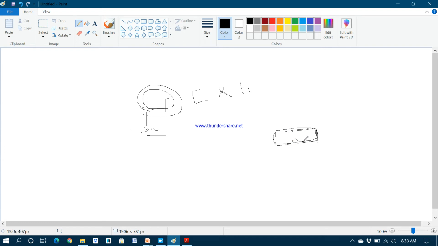Whenever the source is excited, the radiation pattern is like this. Does it radiate uniformly? Not uniformly. I will explain.